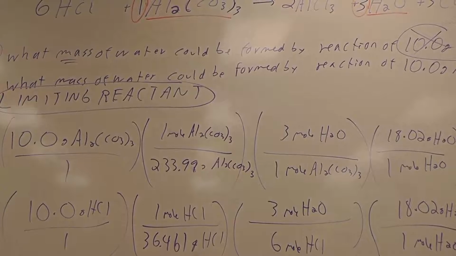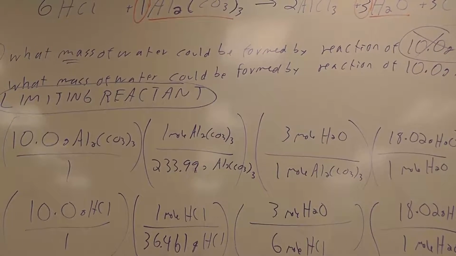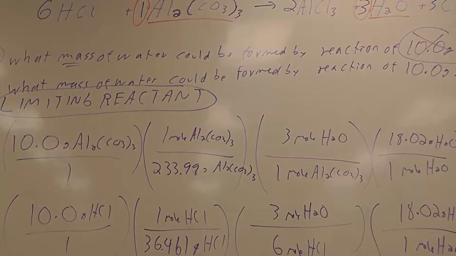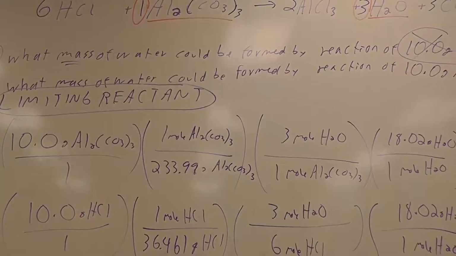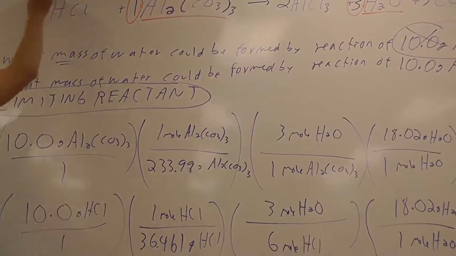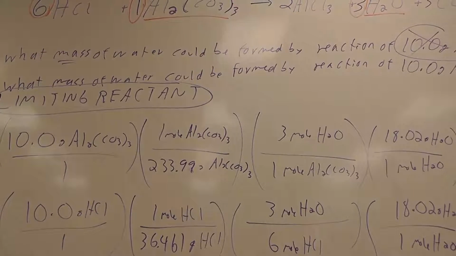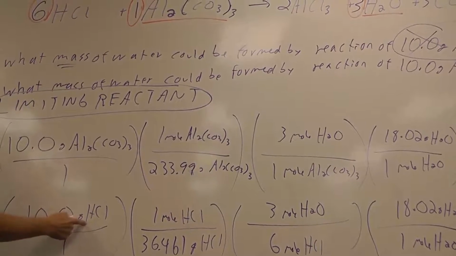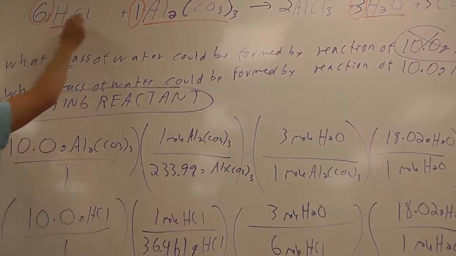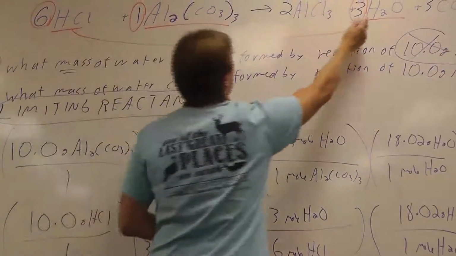But is there any question making those two parallel predictions? Yes? Where's the 6 moles of HCl? That comes from here. And we're using it this time because on this lower portion, we're trying to relate HCl to water.